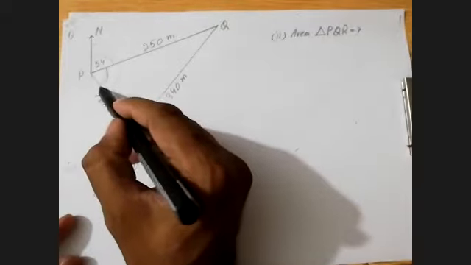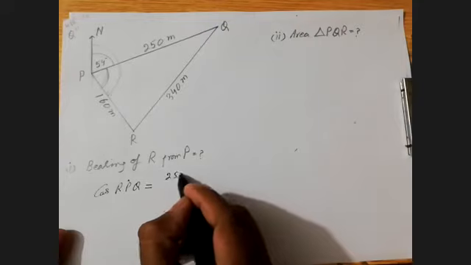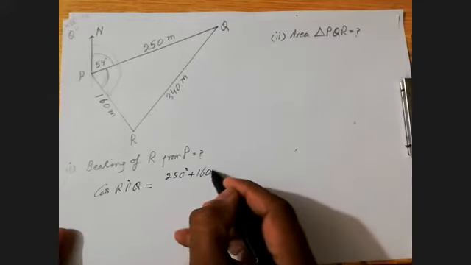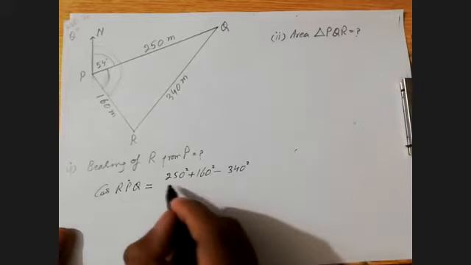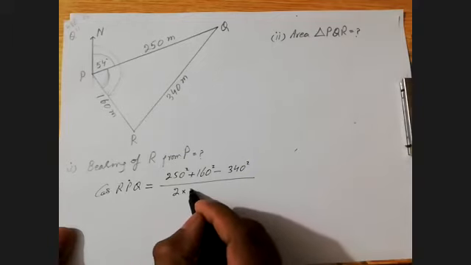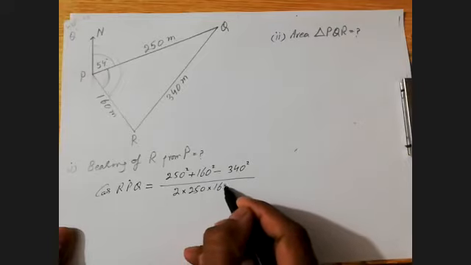This angle is required, and according to the cosine rule, 250 square plus 160 square minus 340 square over 2 times 250 into 160.